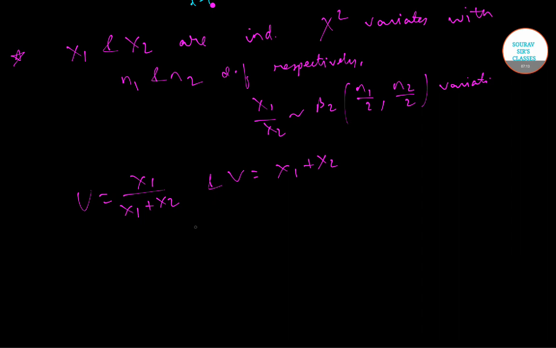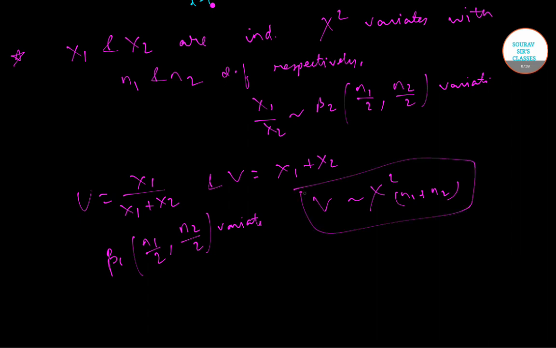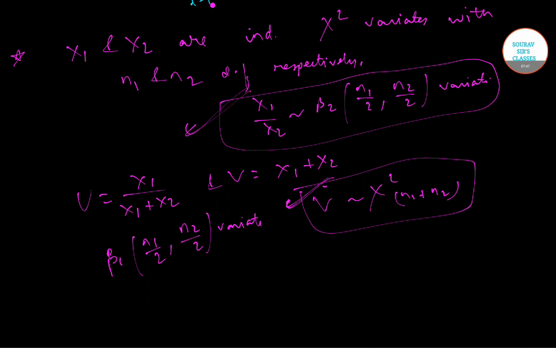Then u is a beta 1(n1 by 2, n2 by 2) variate, whereas v is a chi-square variate with n1 plus n2 degrees of freedom. This I had already stated. This we got using the additive property. But these two are new. You should make it a point to remember these. These are very important properties.